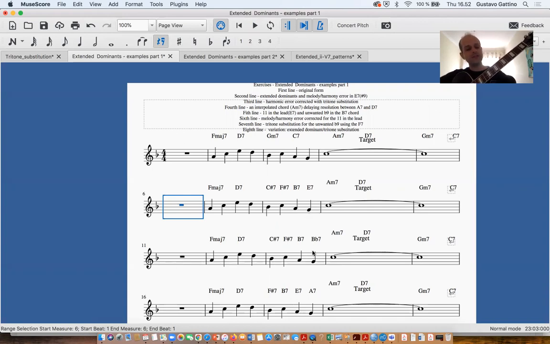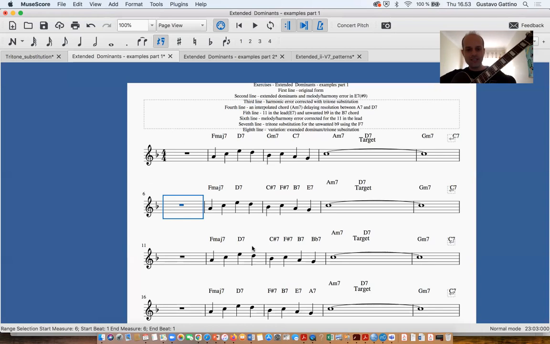So if we take the tritone from these two notes, the G sharp and the D, maybe we need to use another chord that has the same tritone but doesn't use the E. And our solution will be exactly the B flat 7, because I have exactly the same tritone between the G sharp, which in this case I'm calling A flat, and the D, but I don't have the E in the chord.